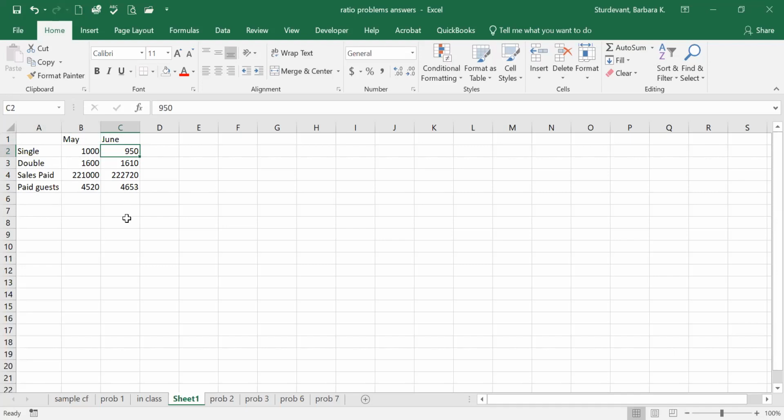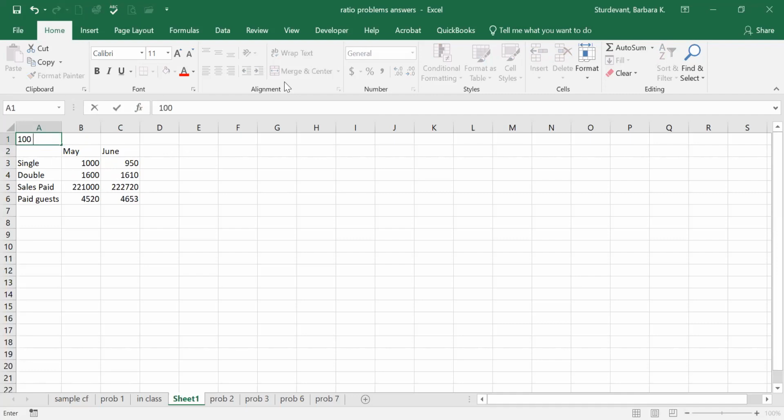It also tells you in that first little sentence, and that is very, very important, that the hotel has 100 rooms.